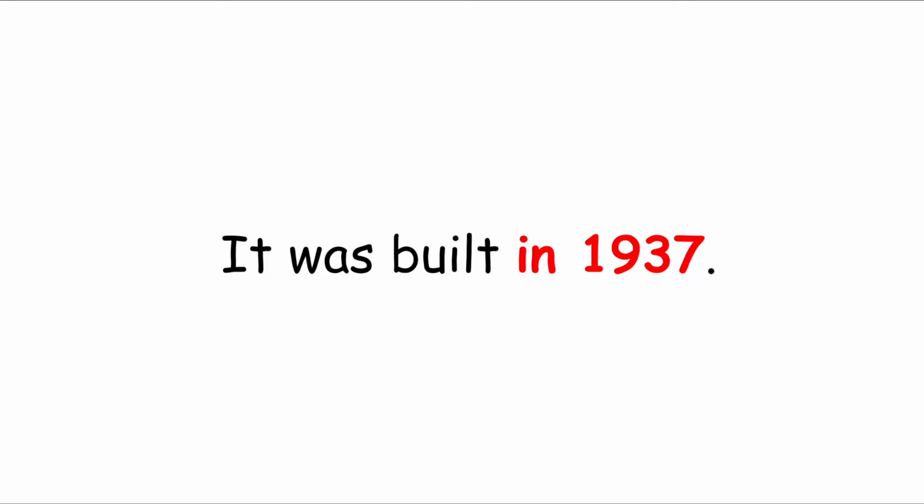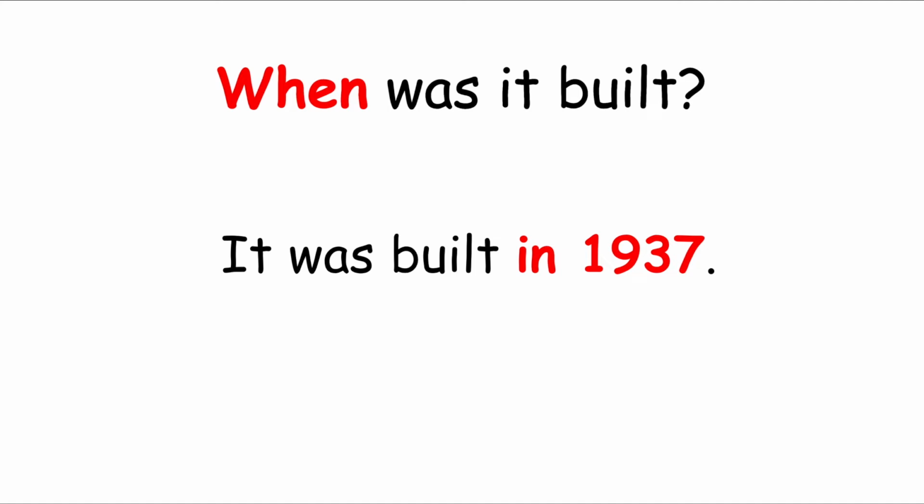So we have in 1937. That is a year. So the question is going to be, when was it built? So when I ask when, I'm asking for the time. So what year was it built? It was built in 1937.